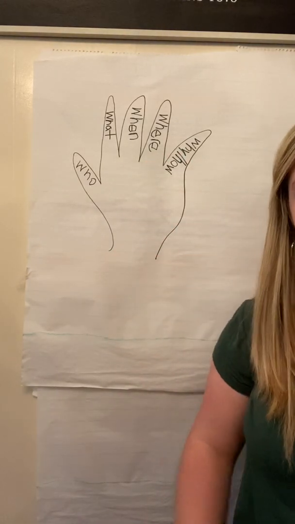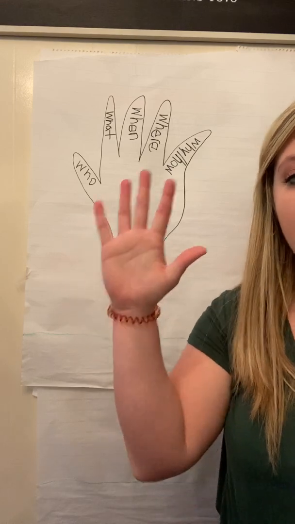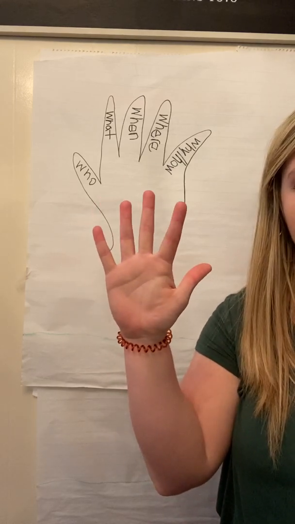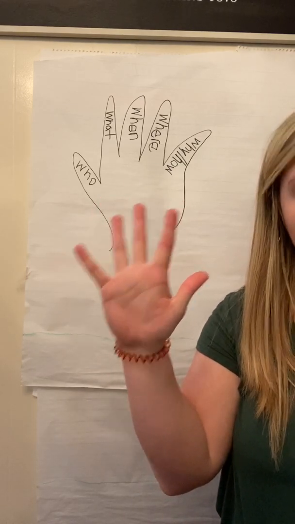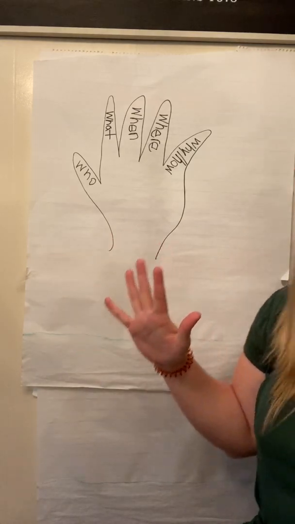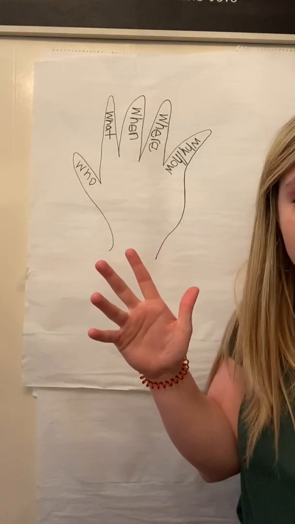All right. So every time you're writing your summary, you need to hold up your hand with your 5 W's. Who, what, when, where, how, why. Okay? And while you're writing, you need to check off those 5 W's.